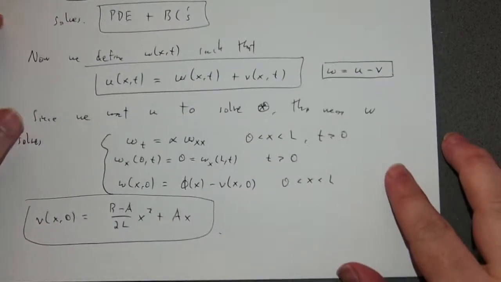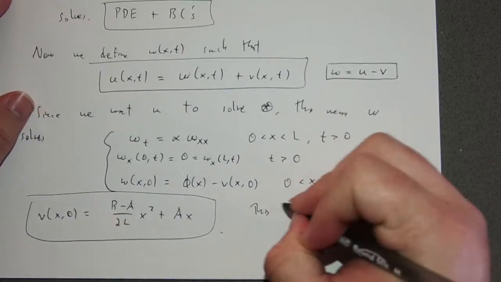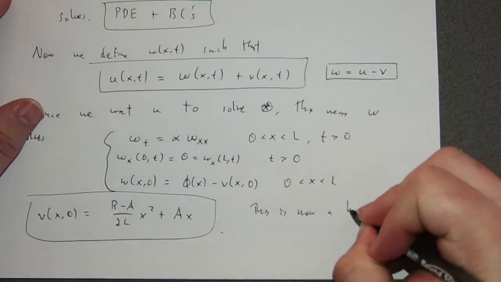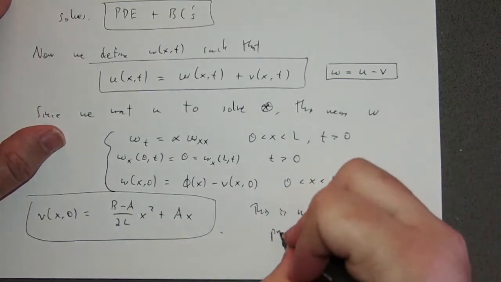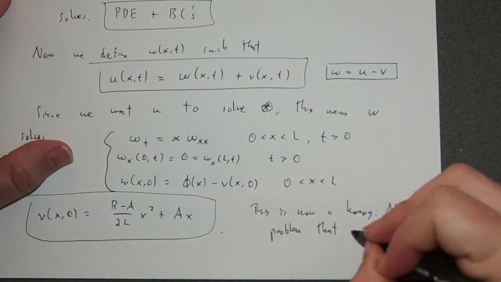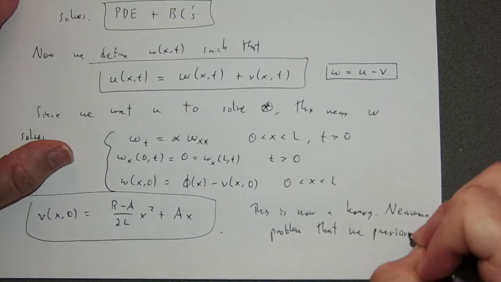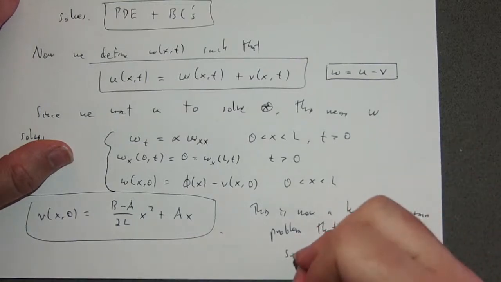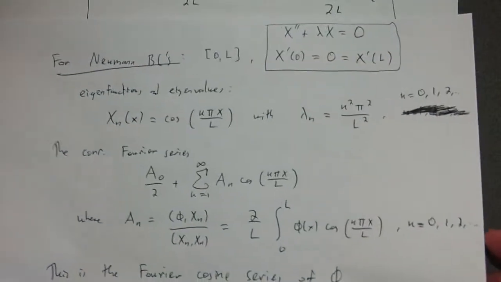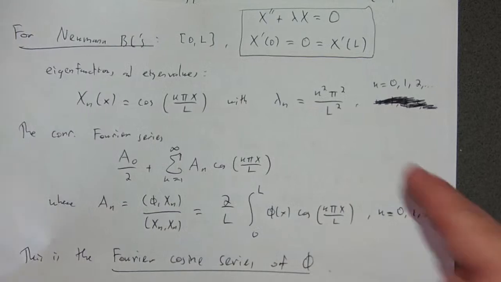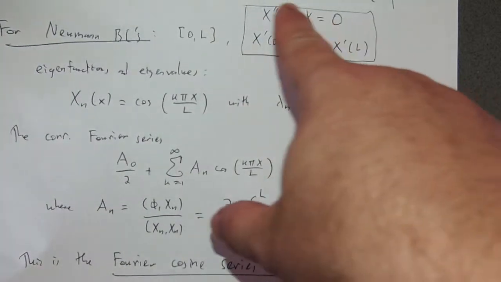This is now a homogeneous Neumann problem that we've solved before. You might remember that we get the Fourier cosine series, so just reminding you from our list of eigenvalue problems. For Neumann boundary conditions, the associated eigenvalue problem, once you separate the variables, is this thing.